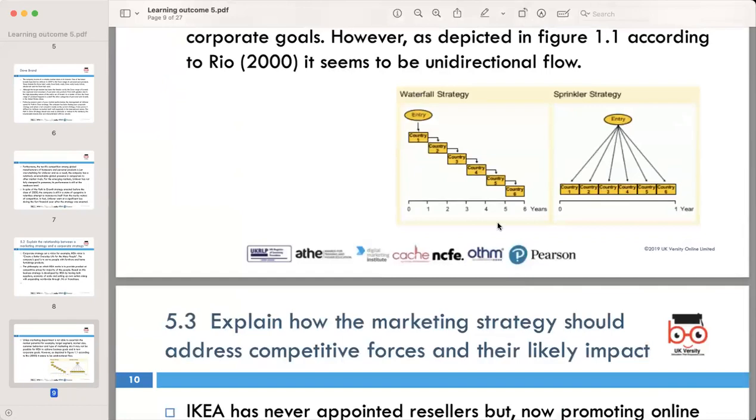So you can see a waterfall strategy and a sprinkler strategy. The waterfall is step by step, while the sprinkler goes to all markets at once, through the years, with the same strategy.